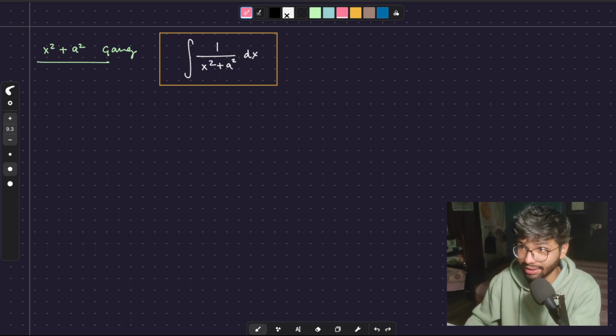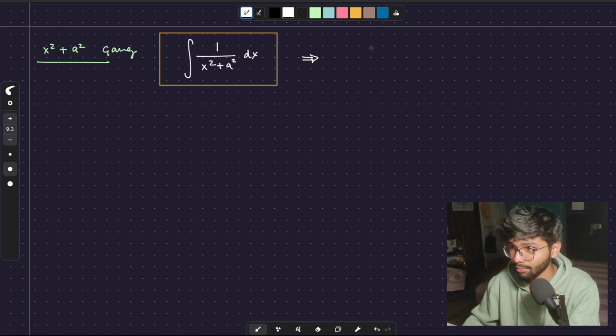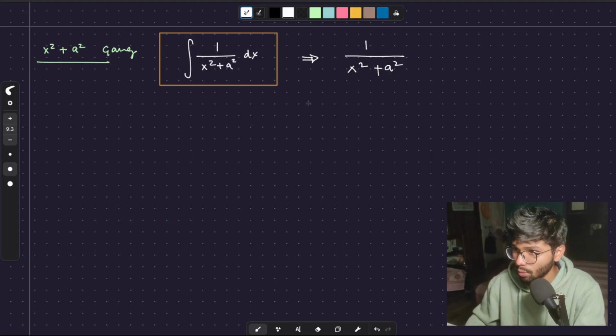If we do that, I'm going to remove the integral for now and just focus on the fraction over here. We got this one, right? So we can divide the whole denominator by x squared.